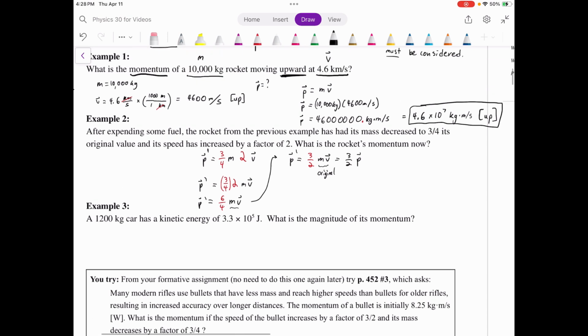So we know the original momentum. It was 4.6 times 10 to the 7, or 46 million kilogram meters per second, right? So what's the new momentum? Well, take the original and multiply it by 3 over 2, right? So new momentum is 46 million kilogram meters per second times 3 over 2, or 1.5.